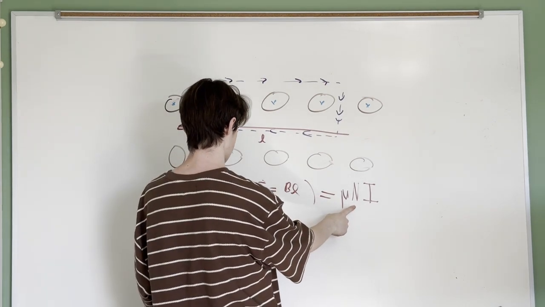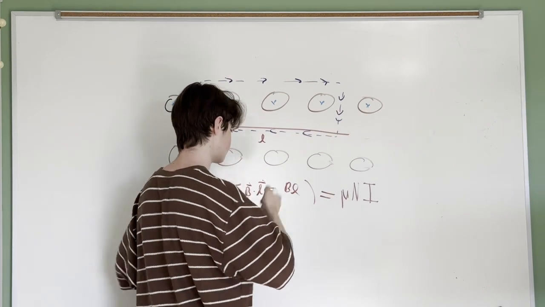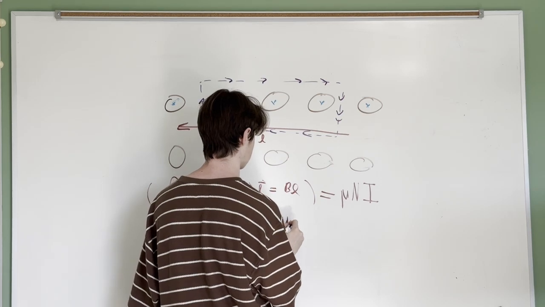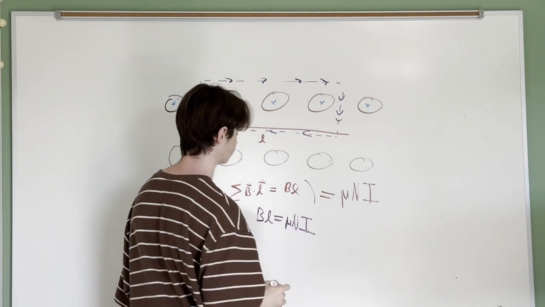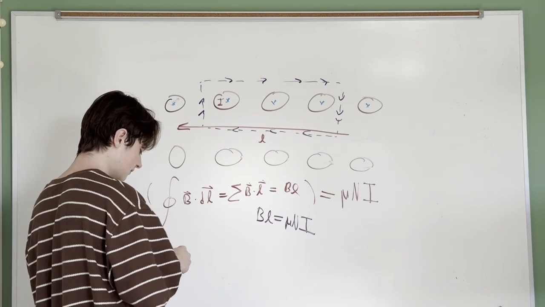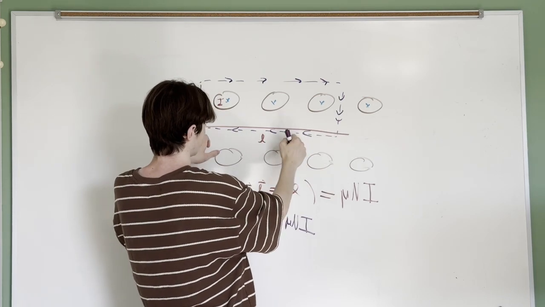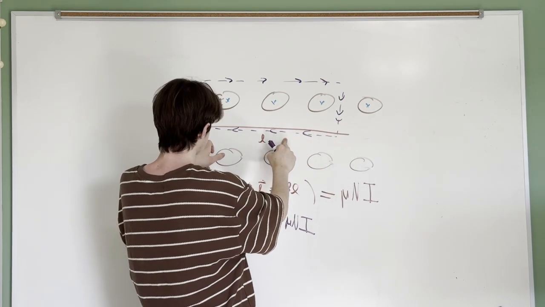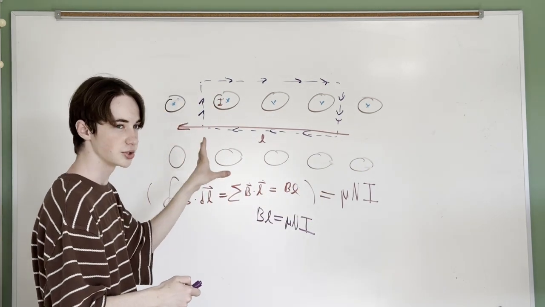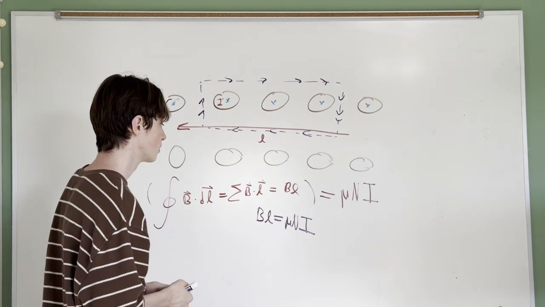So we have N and we have L here, so our equation is going to boil down to BL equals mu N I. We can vary this Amperian loop in size, right? If we did a smaller length and only had 2 wires piercing through it, or had all 5, the amount being measured by the Amperian loop doesn't matter because we should be calculating the same magnetic field no matter what.